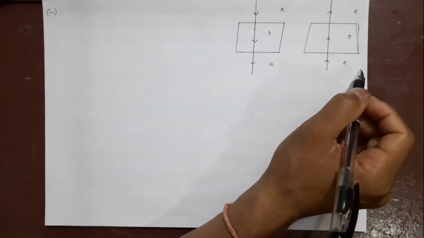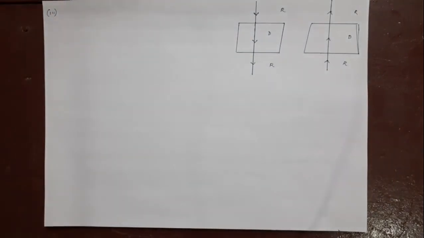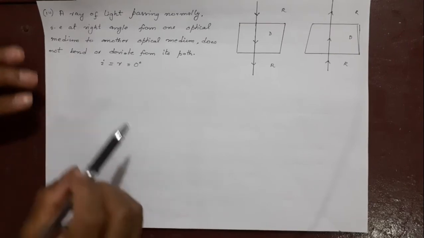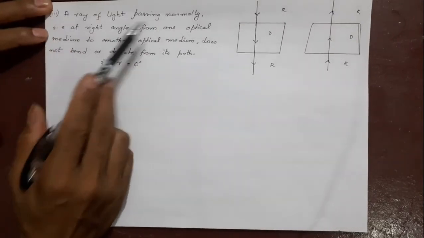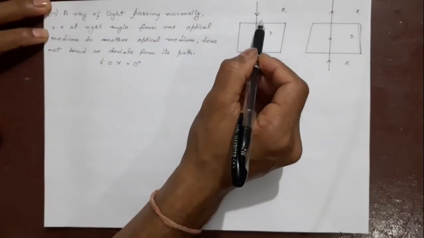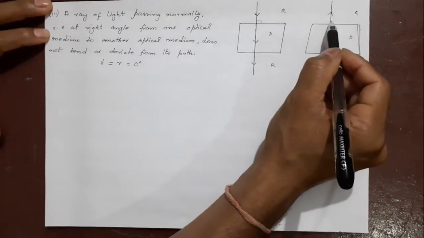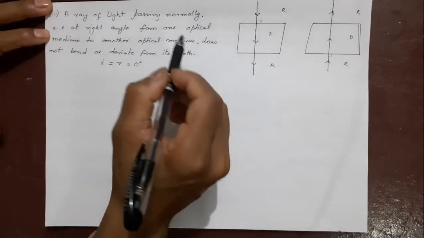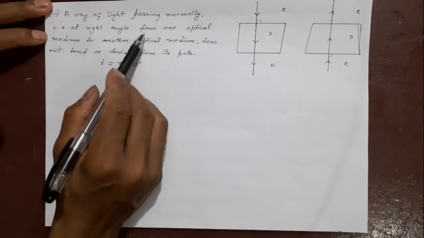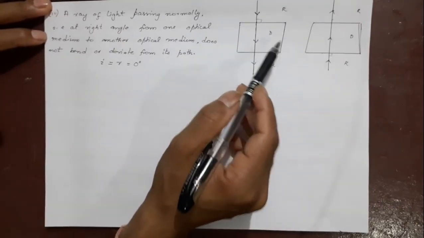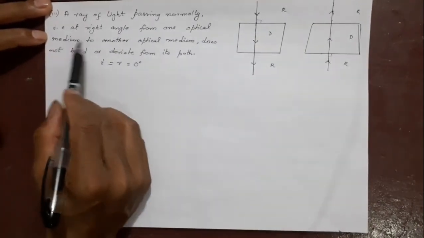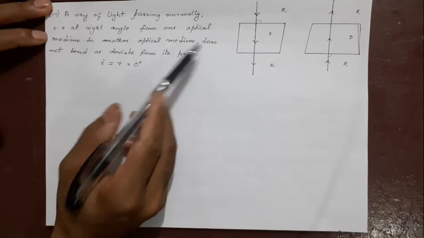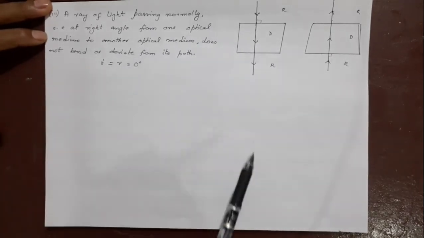We will write that in the statement. It is simple, so read it in the statement. A ray of light passing normally means at 90 degrees. Can you see 90 degrees here, and 90 degrees here also. If it passes at a right angle from one optical medium to another, rarer to denser or denser to rarer, it does not bend, nothing will happen, it will just pass.